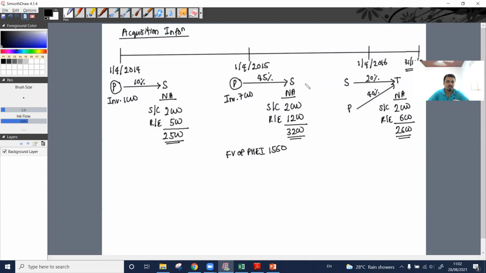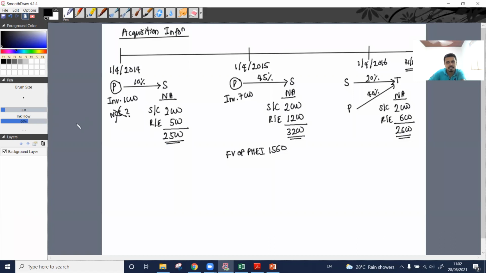So this is how it should look when we map these acquisition information. What else is missing here? Yes, we need to determine the NCI value. But here, do we need to calculate any NCI? No, 10%. When it is not a subsidiary for us, we should not calculate the NCI.